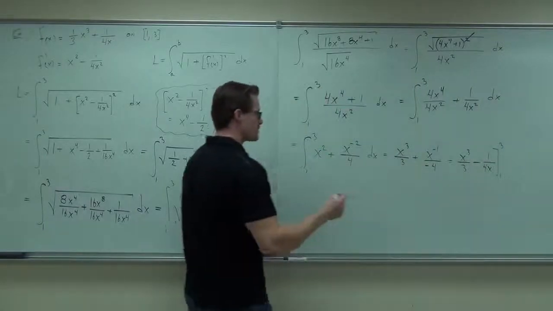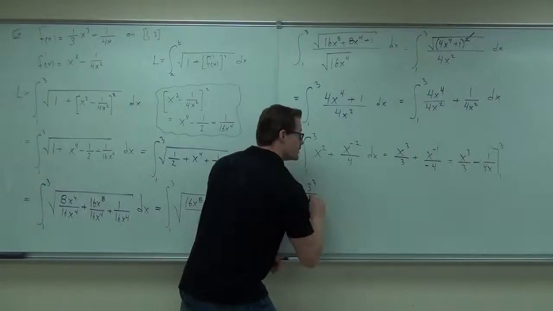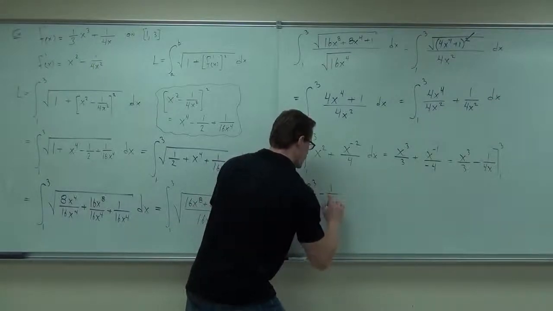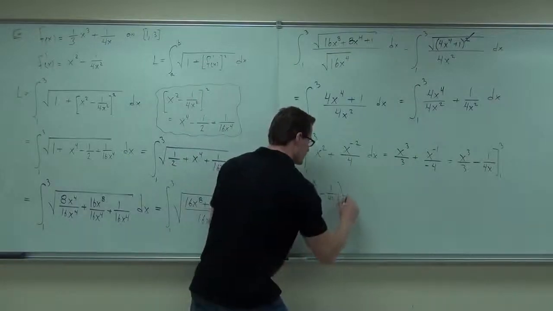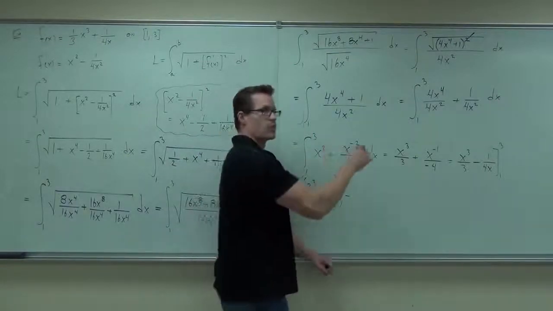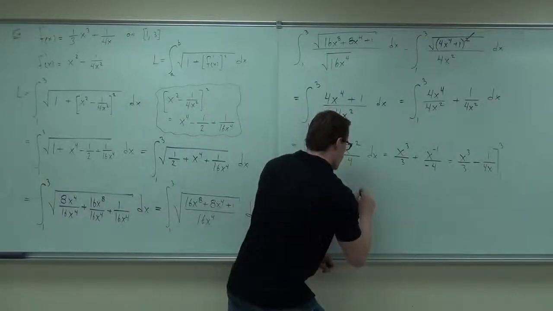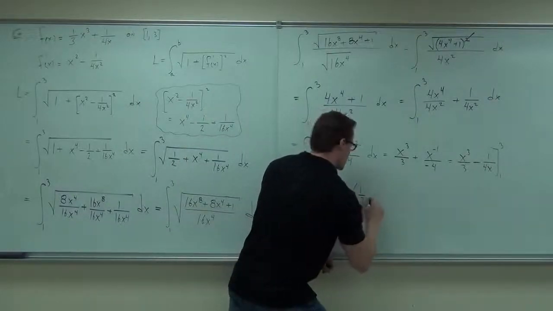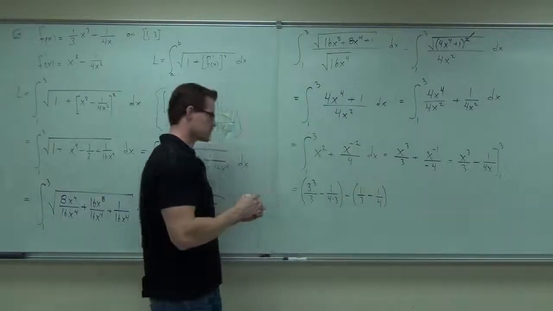We'll plug in the 3 first, so that's going to be 3 cubed over 3 minus 1 over 4 times 3, minus, remember we have a 1 right now, you can't just put a 0 at the end, we have a 1. So you have 1/3 minus 1/4.